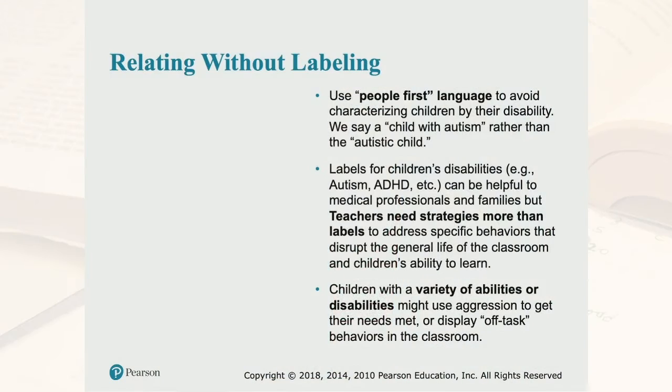So always remember that we shouldn't put labels on anybody. When we look at any child with a behavior problem or an additional need such as autism, whatever type of disability there might be, we want to make sure that we rephrase it and it's a child with autism, not an autistic child. So it's always going to be the child first.